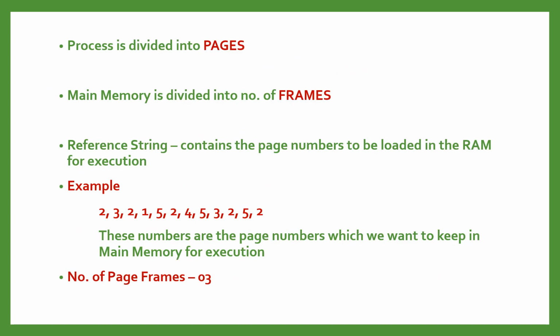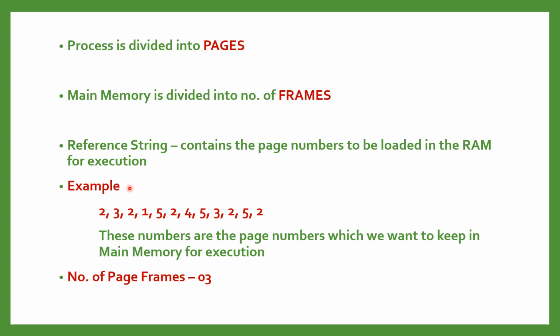So you know that a process is divided into pages and main memory is divided into a number of frames. So whenever you get a question on these algorithms, two things will be given to you. First is the reference string and second is the number of page frames. Reference string means the page numbers which you want to load in the RAM for execution.